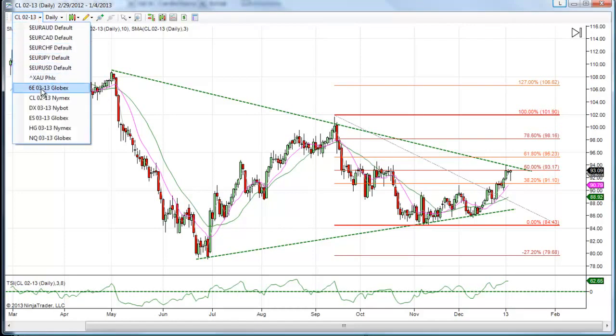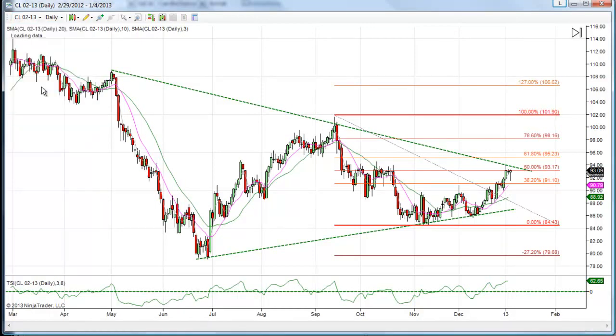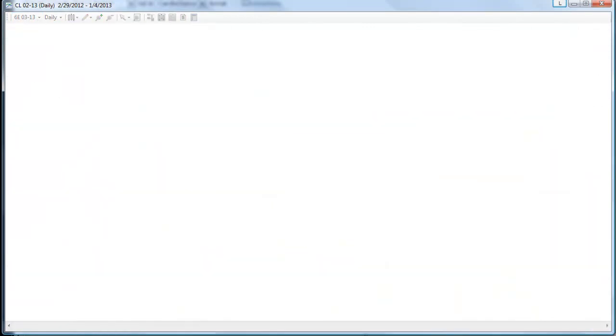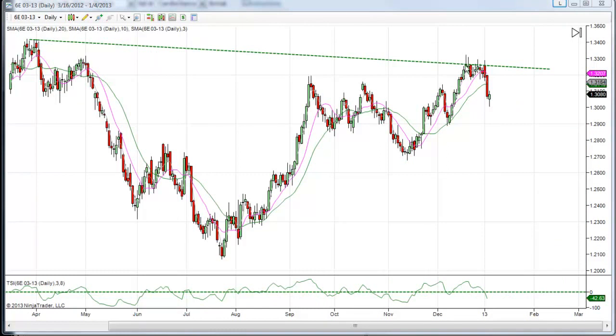Looking at the euro futures, we created a pivot here in the month of December, and we moved off of that down through our MAs. We did test this trend line though, so we have to keep an eye on that.